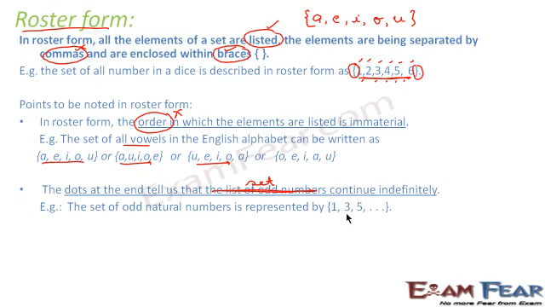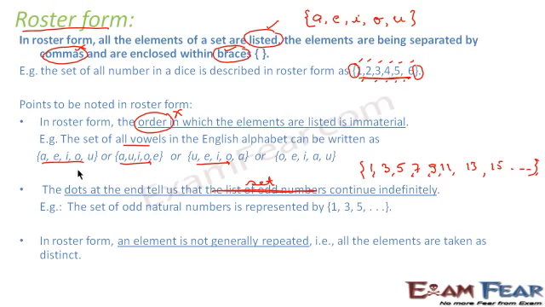That means this set continues infinitely. This is as good as 1, 3, 5, 7, 9, 11, 13, 15. You keep on going. So this is how we represent an infinite set. You put 3 dots at the end.